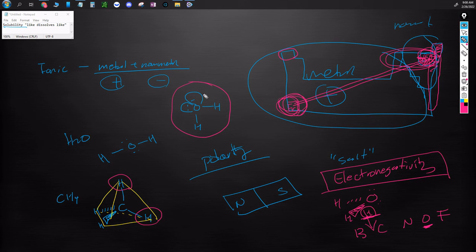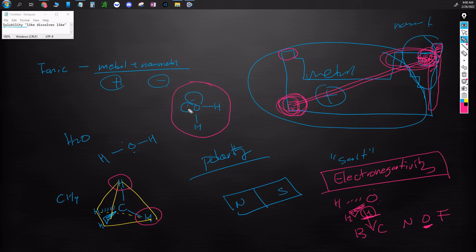Okay, so what happens is the electron gets pulled away, even though oxygen has two lone pairs of electrons here. Oxygen is pulling more electron than even hydrogen has. Remember that when electrons are traveling between two atoms to make a bond, there is supposed to be somewhat of a sharing of electron going back and forth between the oxygen and hydrogen.